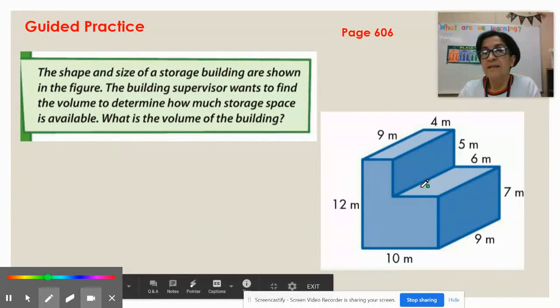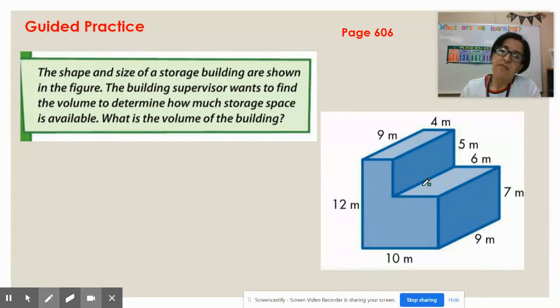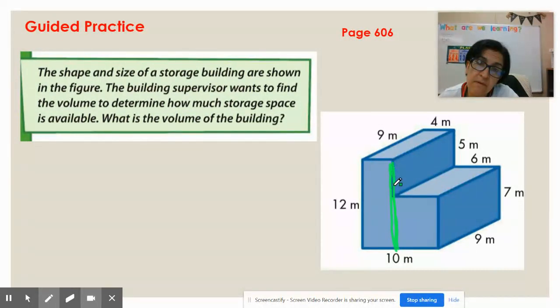So again, it's two different shapes. You can think of two boxes, a tall one and a short one in the back. So you can break this box like this. So now what I did is there is a box and this is the box standing in the back.